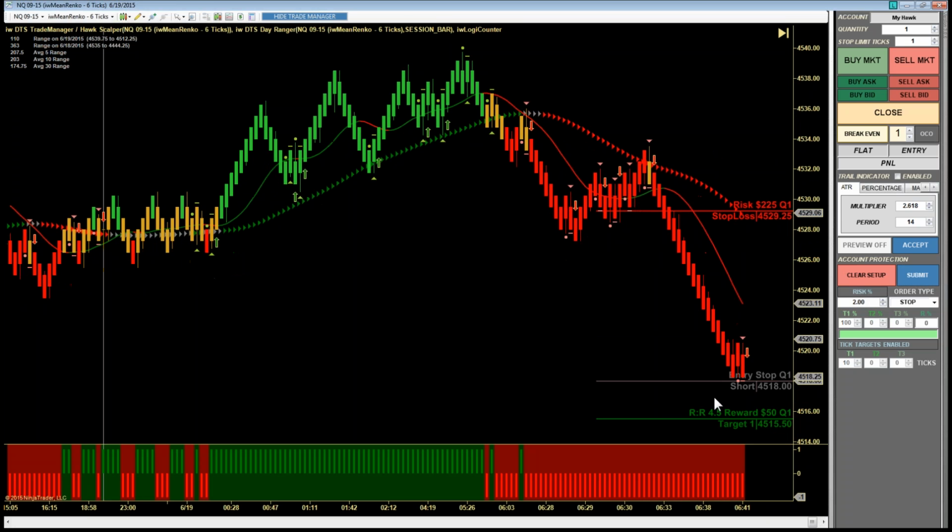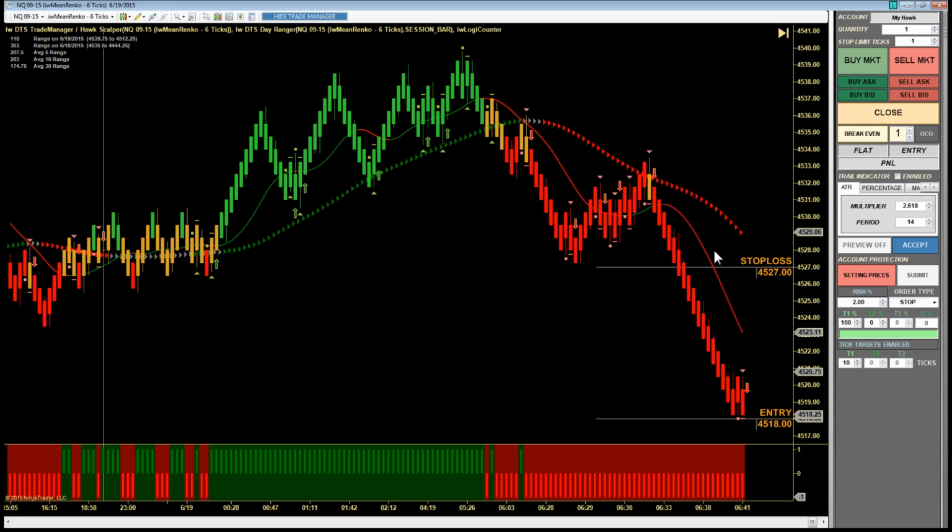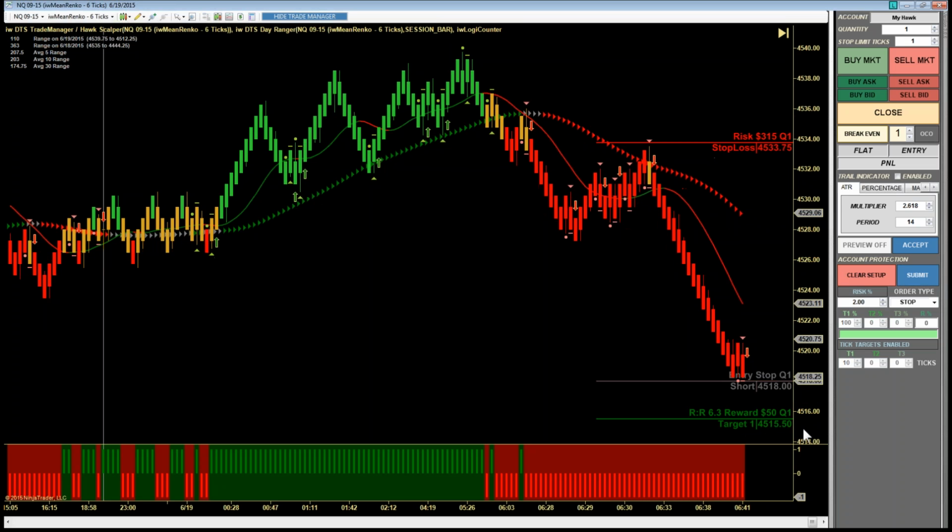Alternatively, I could risk back here to the macro line in case there's some sort of macro pullback. I would prefer to go with the deeper stop, seeing how it's only going to allow me one position. I probably would throw a runner on the deal instead of taking the $50. And having this big of a stop just allows me a little bit more flexibility.